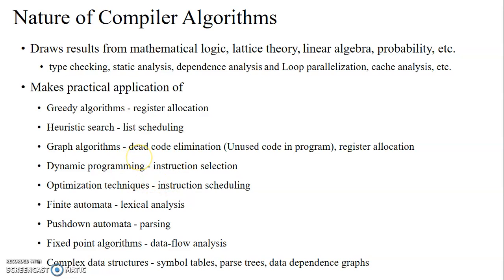Then optimization techniques, which are used in instruction scheduling to the CPU, and finite automata theory. So this finite automata machine can be used in a lexical analyzer. That lexical analyzer is used to convert all the lines from the source program into a set of tokens. We will see in detail later.